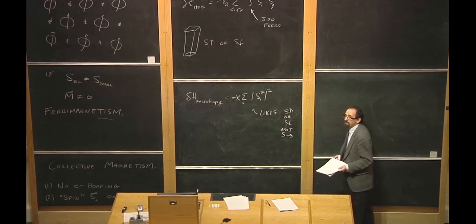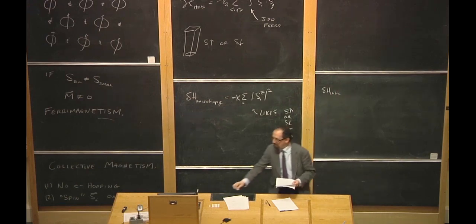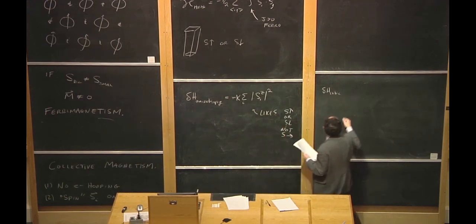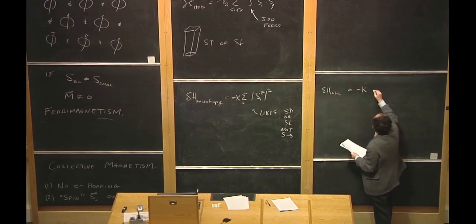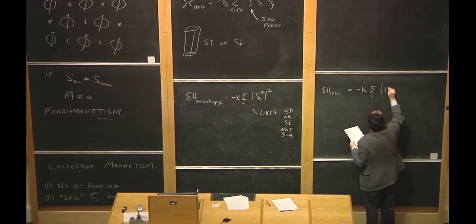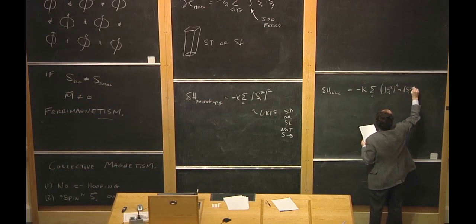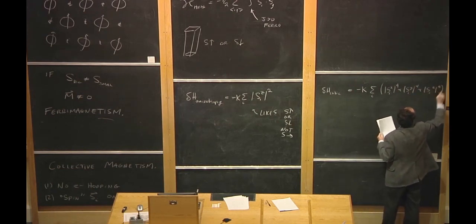Now, for a cubic crystal, you might expect something, H cubic, which is a little more complicated, that would allow the spin to point along any of the crystalline axes, but not in between the crystalline axes. An appropriate Hamiltonian for that might be something like Six to the fourth plus Siy to the fourth plus Siz to the fourth.